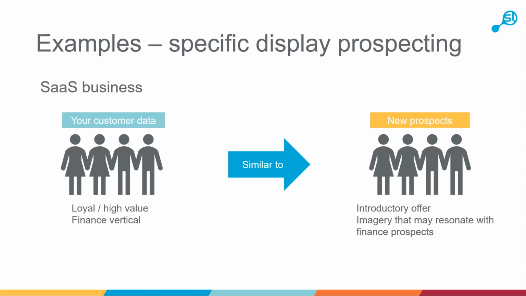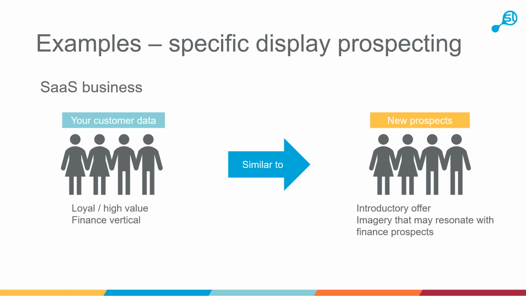So here we have a display prospecting example for a SaaS business. So we've done our analysis, we've defined our customer segments as a loyal segment, but also in finance. And we know that these are very valuable, so we might want to serve a much more exclusive introductory offer to try and capture their attention because they're so valuable.